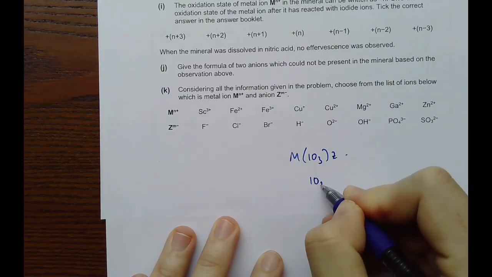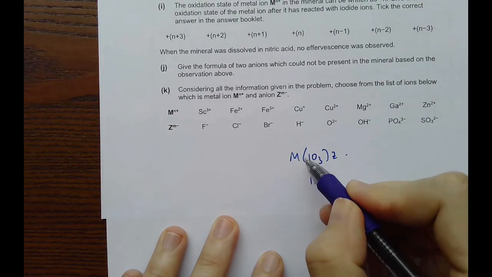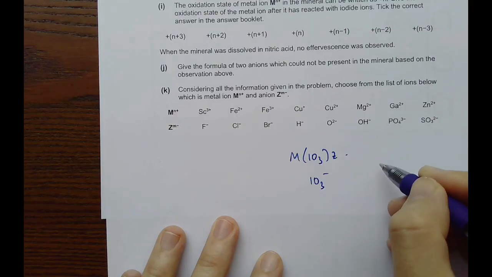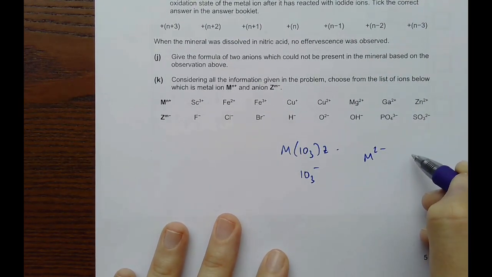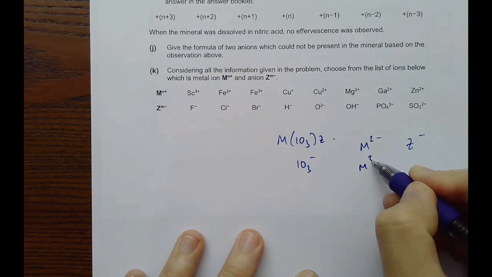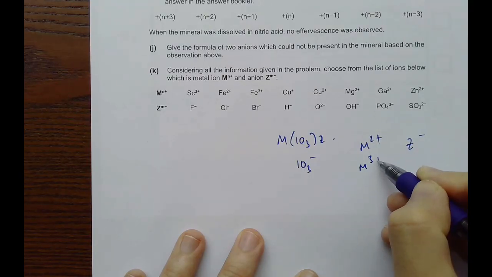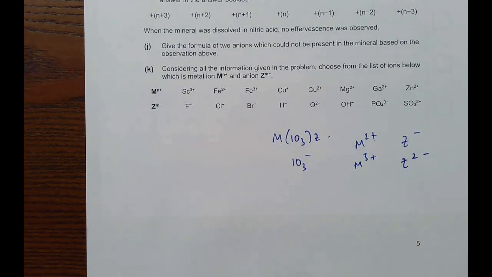We know that IO3 is minus, which means that the charge on the M and the charge on the Z have to add up to +1. So it needs to be something like M2+ Z-, or M3+ Z2-.